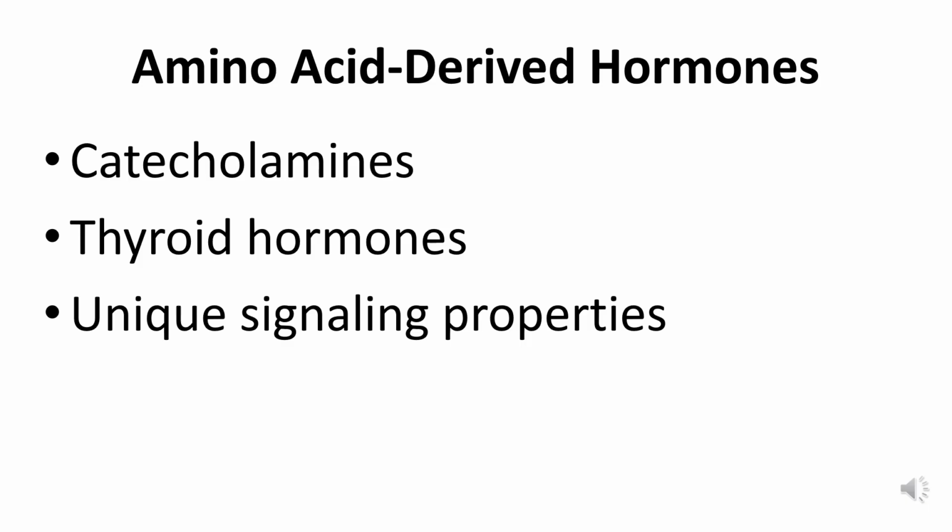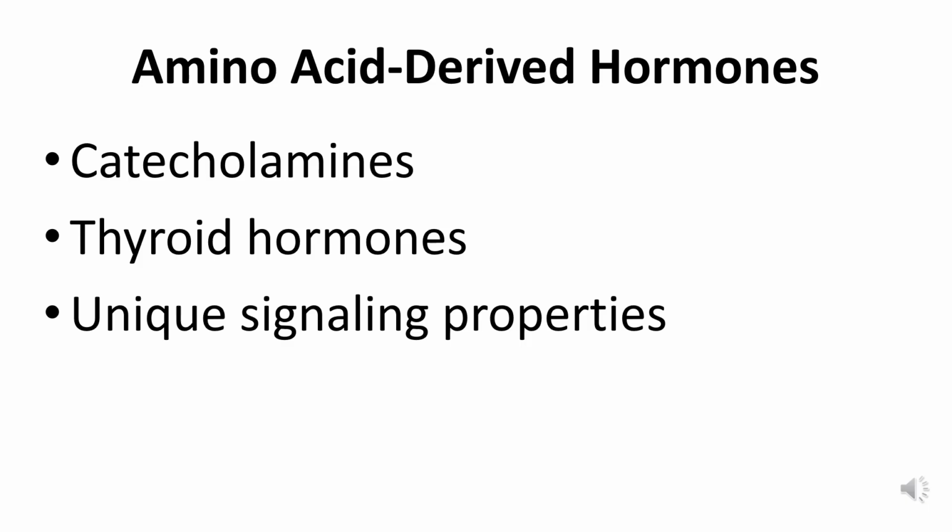Thyroid hormones work differently. They can enter cells and bind to receptors inside the nucleus. This allows them to influence gene activity and protein production. Because of this, thyroid hormones often produce slower but longer-lasting effects. These hormones show how diverse the endocrine system can be. Even hormones from the same category can work in completely different ways.